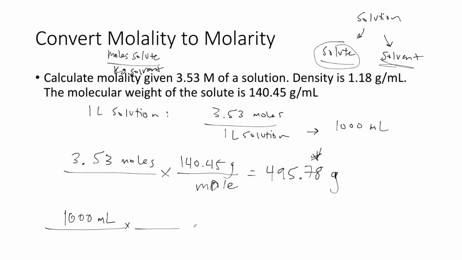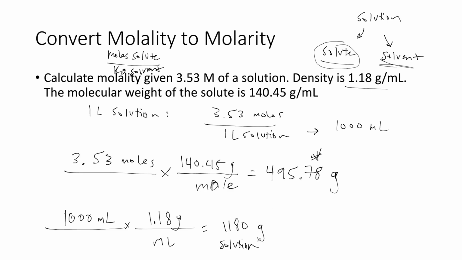And then if we want to go from volume to mass, that's where the density comes in. So we can multiply by the density, and this gives us 1,180 grams of solution.